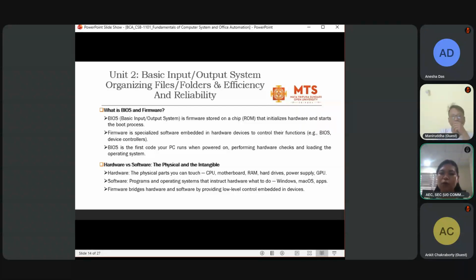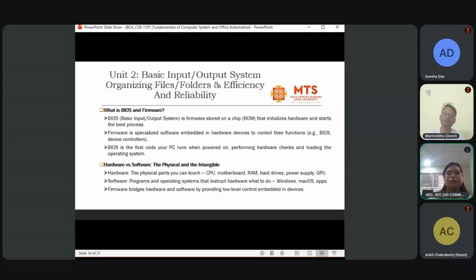That is called firmware, which bridges the software and hardware to communicate and make the system understand the human commands.